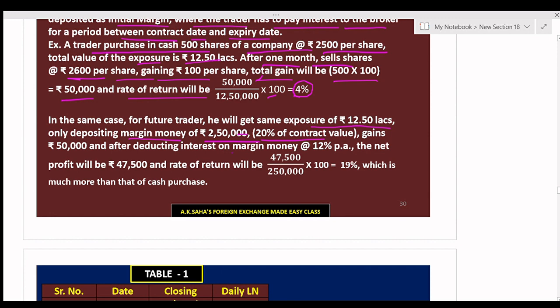He gains rupees 50,000, and after deducting interest on margin money at the rate of 12% per annum, the net profit will be rupees 47,500. 12% per annum means 1% per month, so 2,500 will be deducted from rupees 50,000, and it comes down to 47,500. And the rate of return will be 47,500 divided by 2,50,000 into 100, which is 19%, much more than the cash purchase.